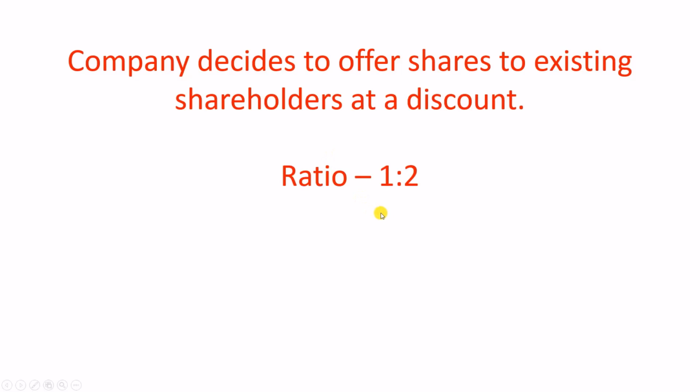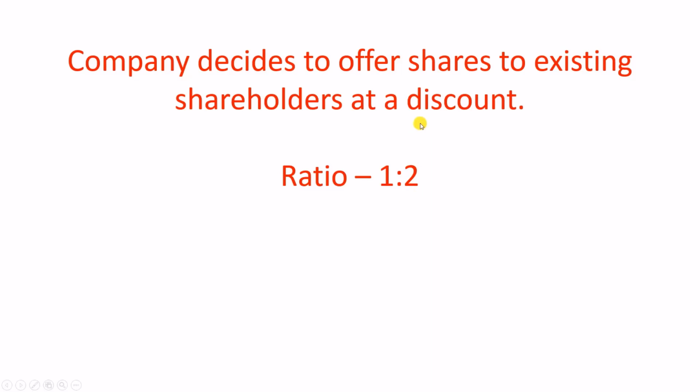So let us say the company decides to offer shares at a ratio of 1:2. Meaning, if a person has 1 share of the company, he is entitled to buy 2 shares at a discount.